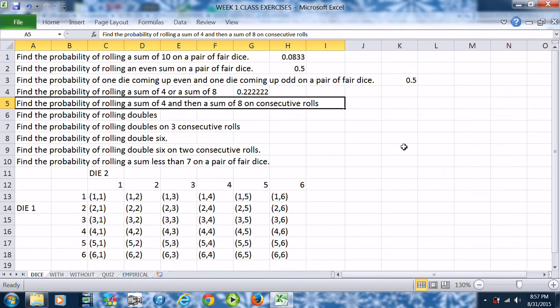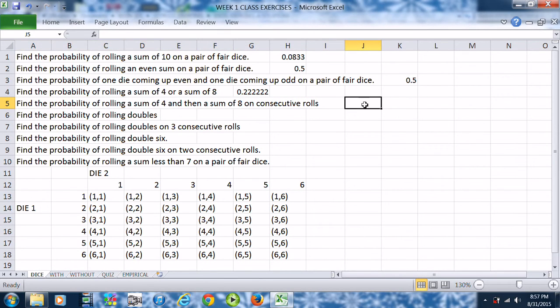Next, we want to find the probability of rolling a sum of 4 and then a sum of 8 on consecutive rolls. This involves an and. When we want to find the probability of a sequence of events, we use a product rule. So first thing is the probability of rolling a sum of 4. Recall that was 3 out of 36. And, which is times, we want the probability of rolling a sum of 8.